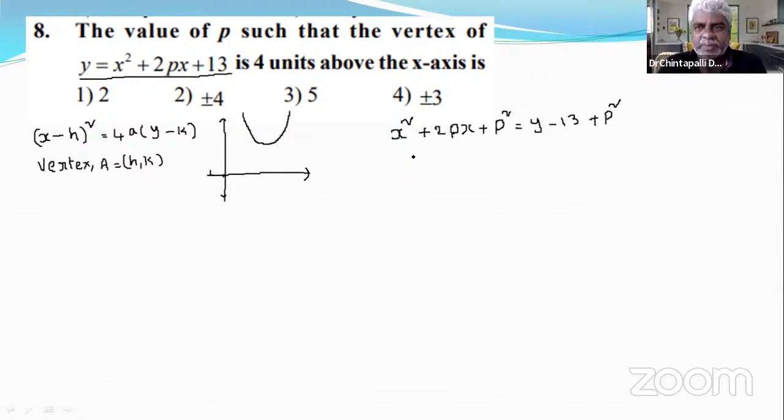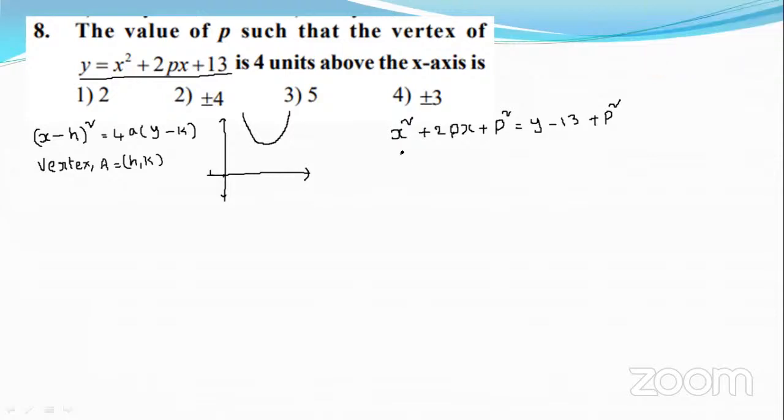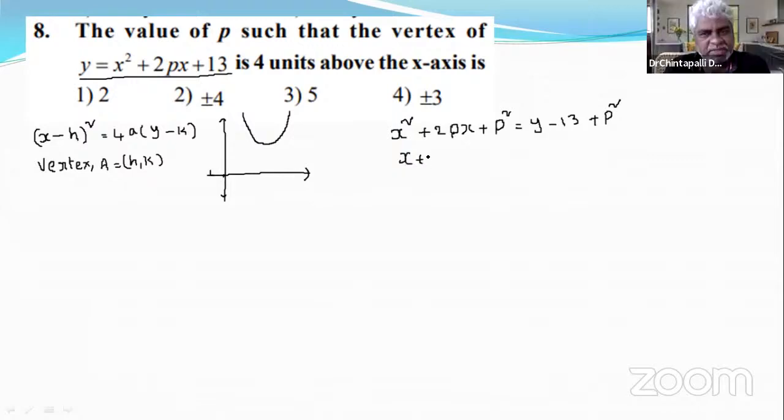a square plus 2ab plus b square formula. x plus p whole square, right? It is x plus p whole square is equal to y minus 13 plus p square, right?